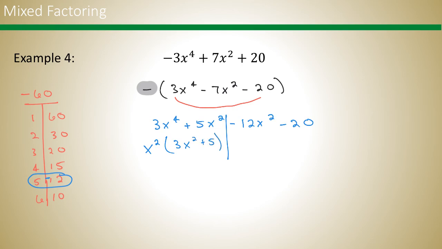The second group, it has a negative, and then we're going to divide. Both of these things can be divided by 4. So that's going to leave us with 3x squared plus 5. Okay, so the common factor between these groups is 3x squared plus 5.